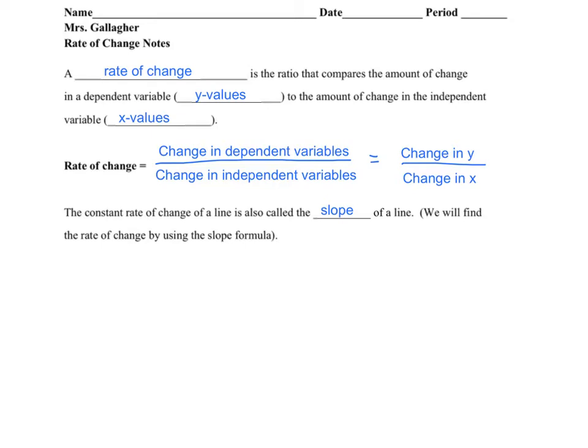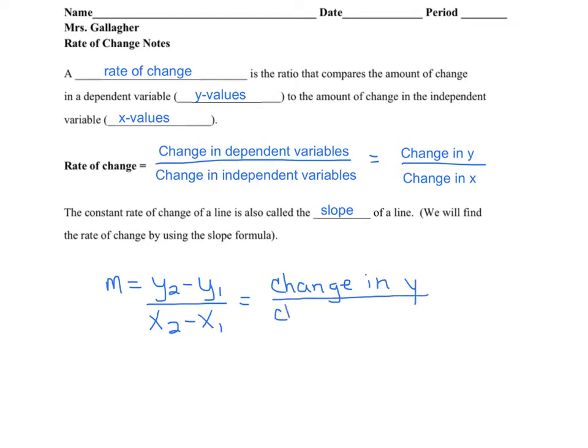Remember, your slope formula is m, slope, equals y2 minus y1 over x2 minus x1, which is your change in y over your change in x. So rate of change is another way to find the slope.